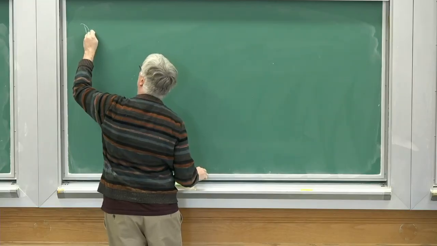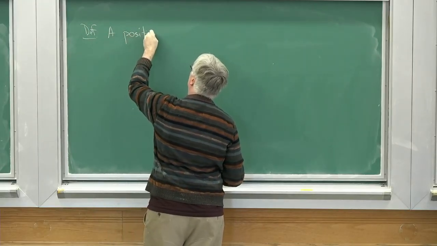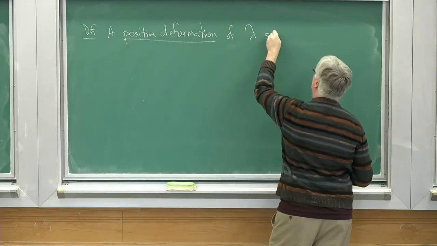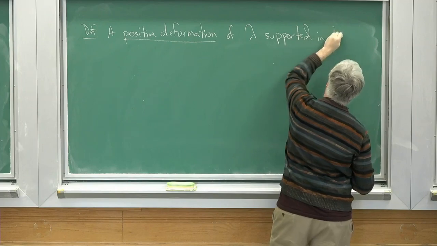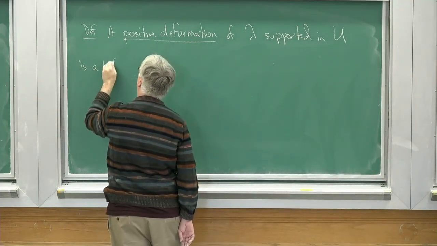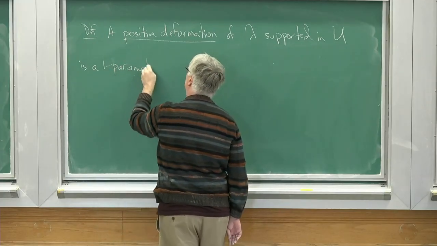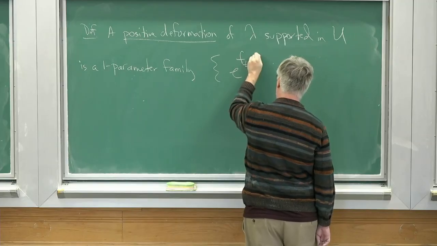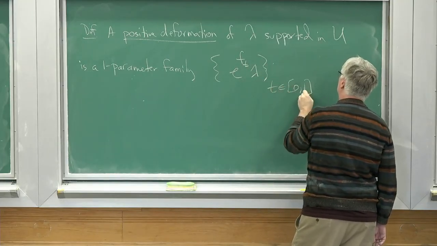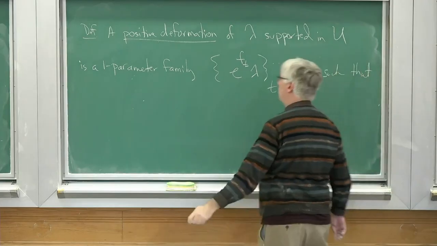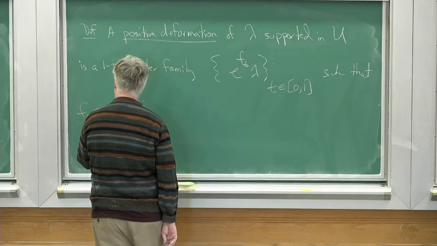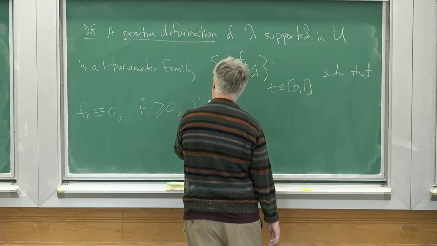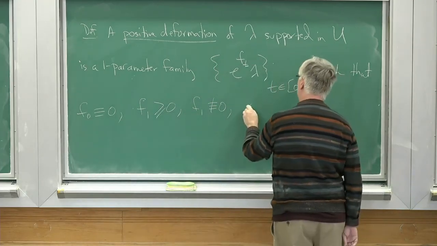Definition. A positive perturbation of lambda supported in U is a one parameter family of contact forms e to the f_t times lambda, where t goes from 0 to 1, such that f_0 is identically 0, f_1 is bigger than or equal to 0, f_1 is not identically 0, and the support of f_t is contained in U.